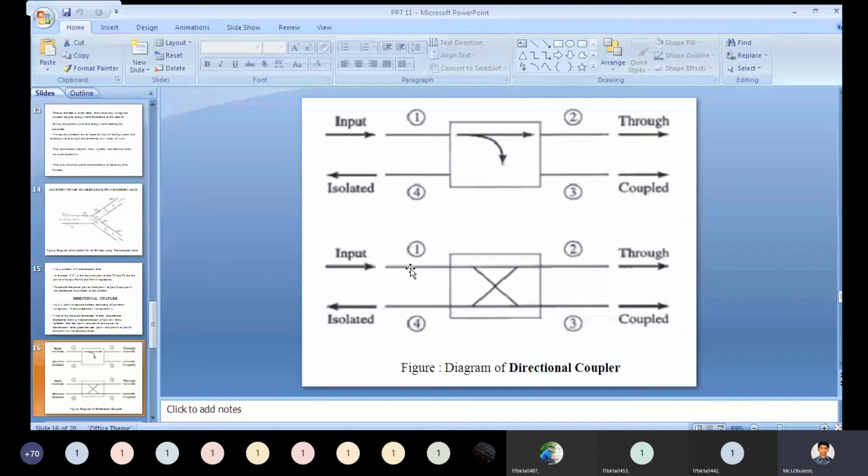If the directivity is infinity, the power at port 3 is equal to 0 because port 2 and port 4 are perfectly matched. Let us assume the wave propagates from port 1 to port 2 in the primary line.